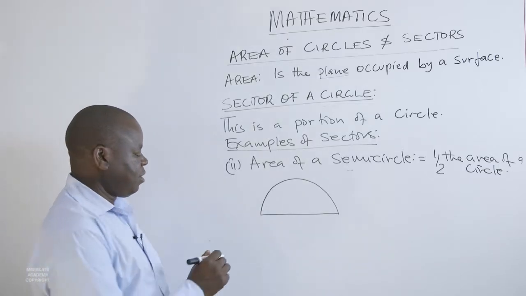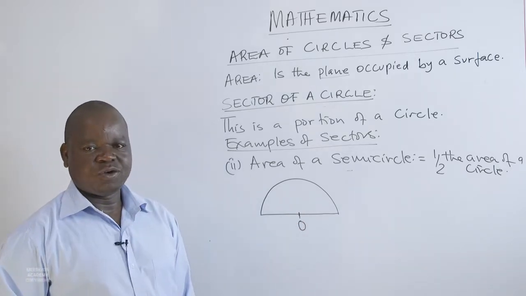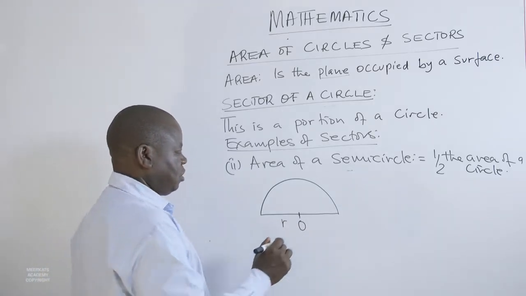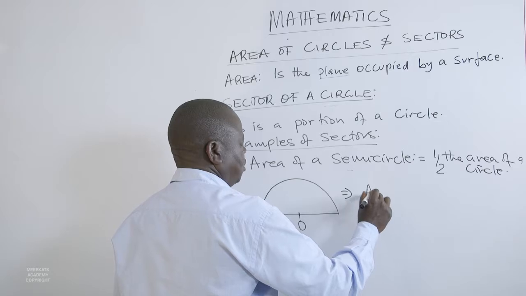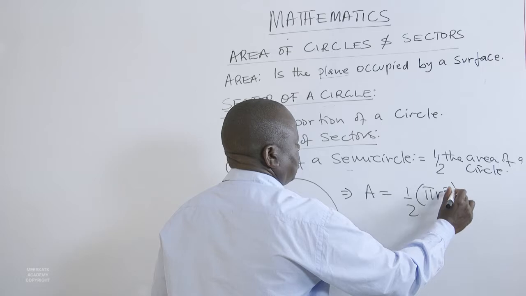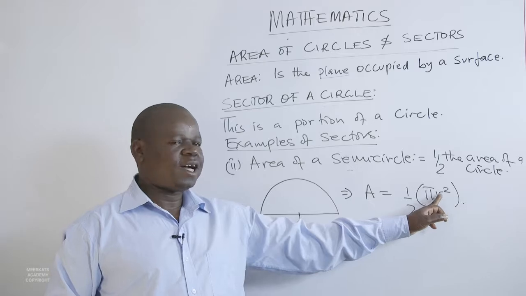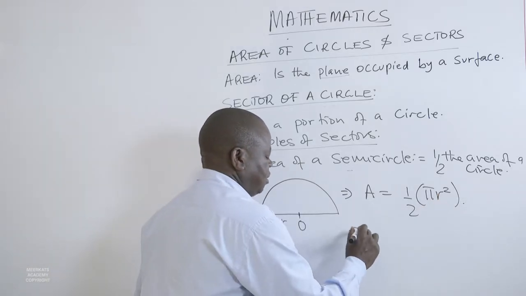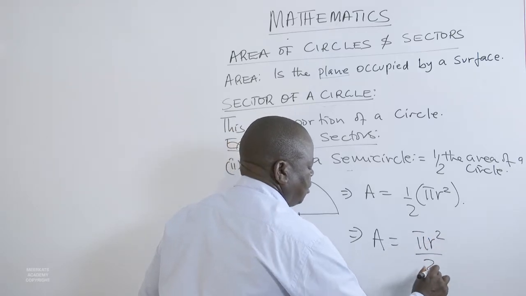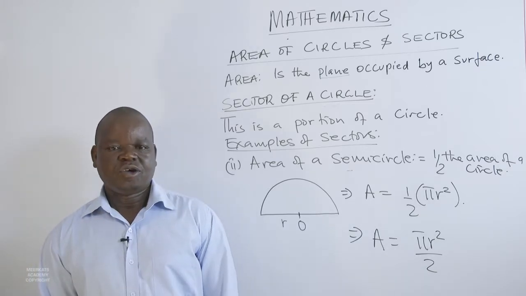That is the center O, and that is the radius. So the area equals a half multiplied by pi r squared, and we get pi r squared over 2 as the area of the semicircle.